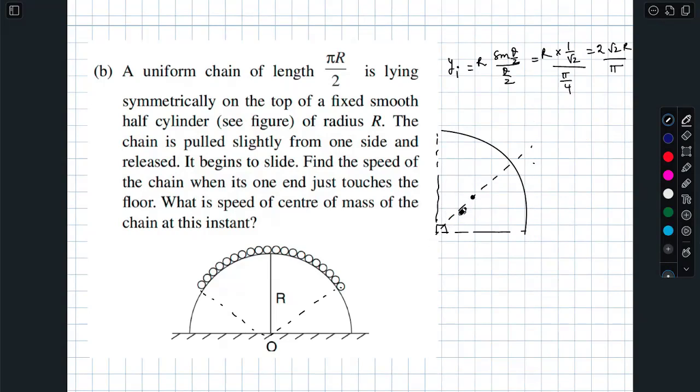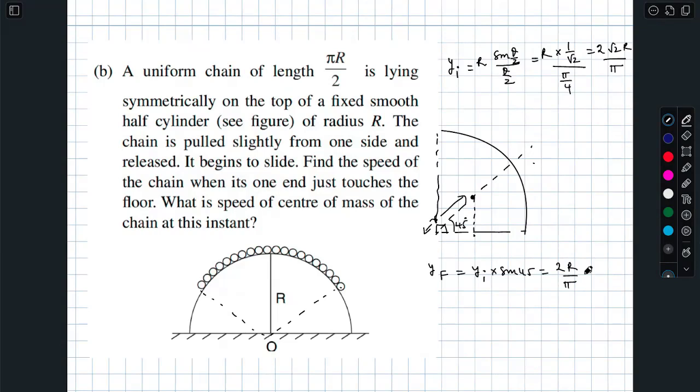Whatever the reason, I know that this distance R is still the same. And this is R actually. But now this makes an angle 45 degrees. What is y final? Y final is nothing but y initial times sine 45, which is nothing but 2R by pi. Agreed?